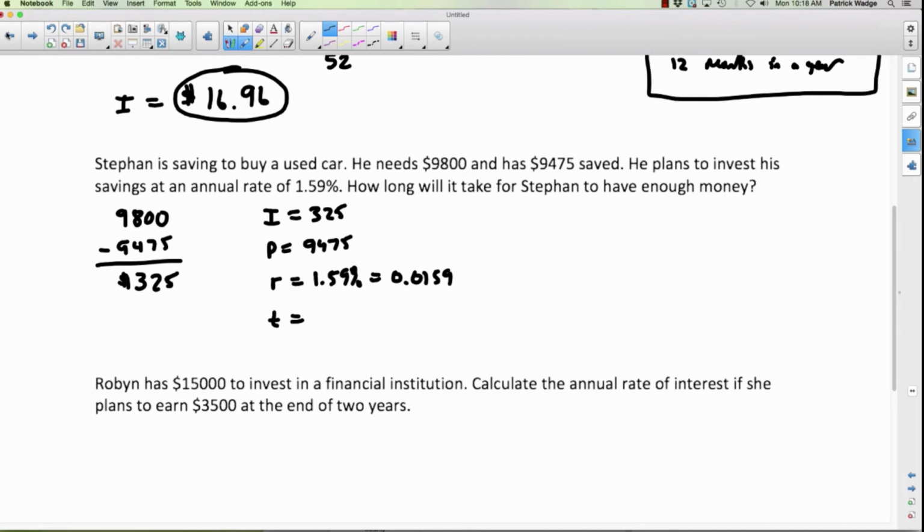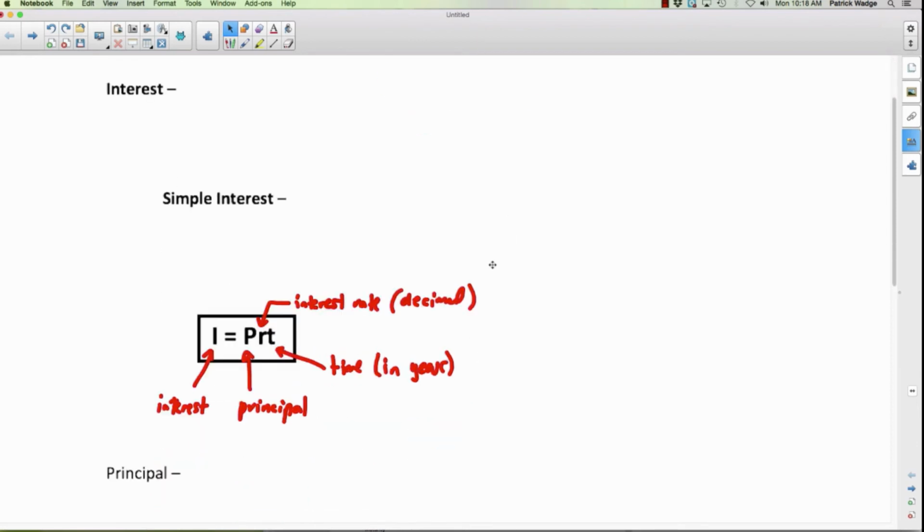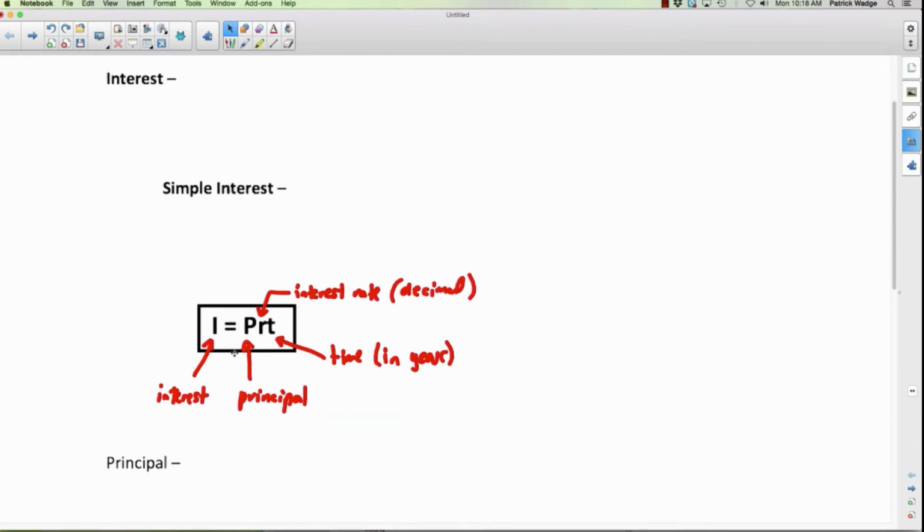Okay, so what we need to do, we're going to go back to the first page here. We need to rearrange this formula right here, I equals PRT. We need to rearrange it 3 more ways so that we isolate the P, we isolate the R, and we isolate the T. But let's say we wanted to get the P by itself. You'd have to get rid of the R and the T. And what are the R and the T doing here?